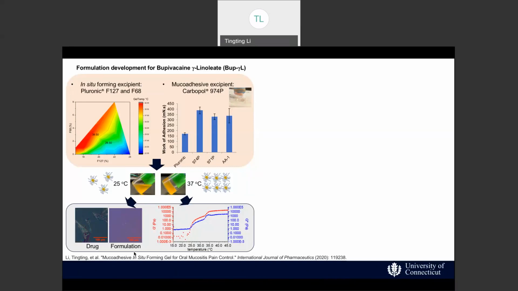And comparing the storage modulus and loss modulus, we can see at low temperature, about 15 to 22 degrees C, the loss modulus was higher than the storage modulus, indicating the liquid property of the formulation is dominating compared to the solid properties.